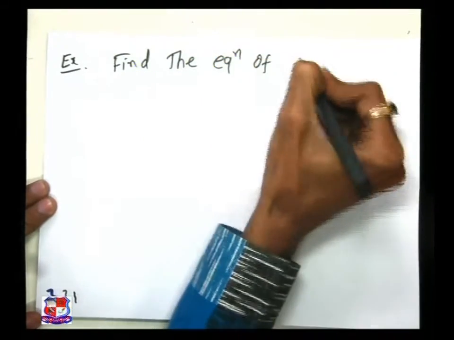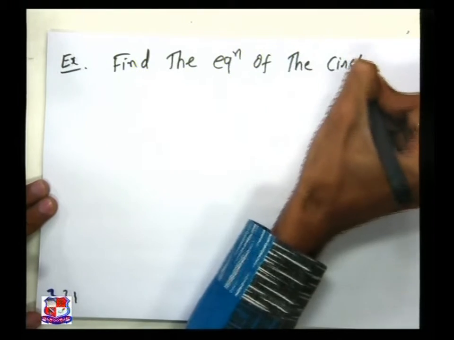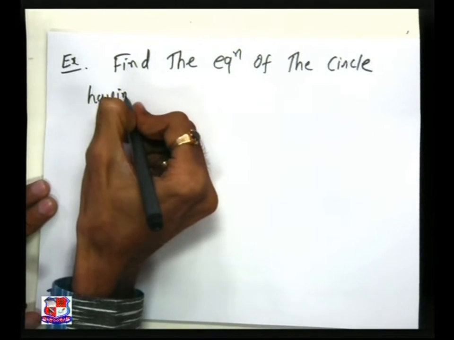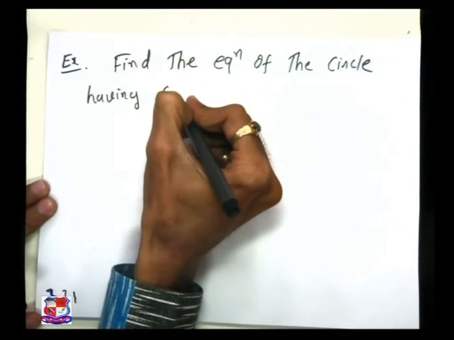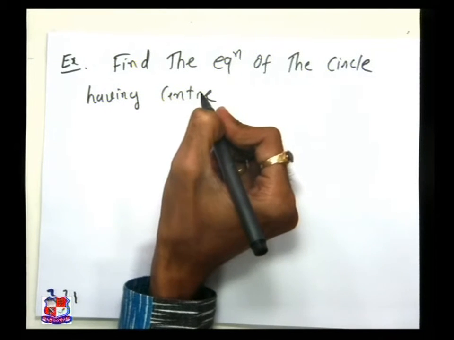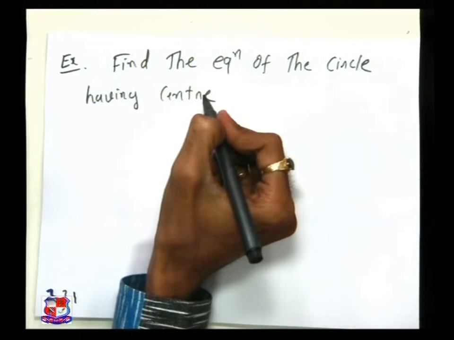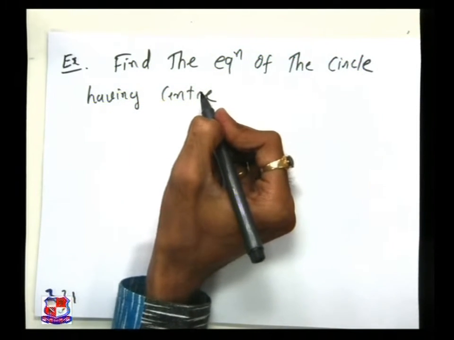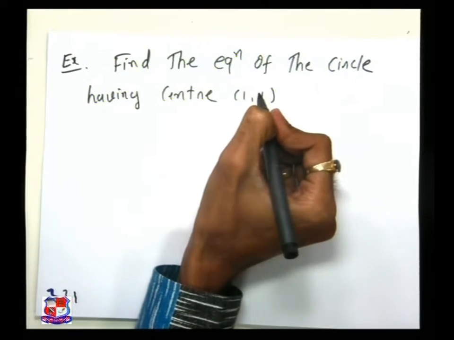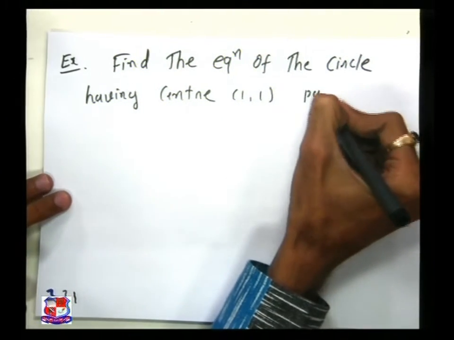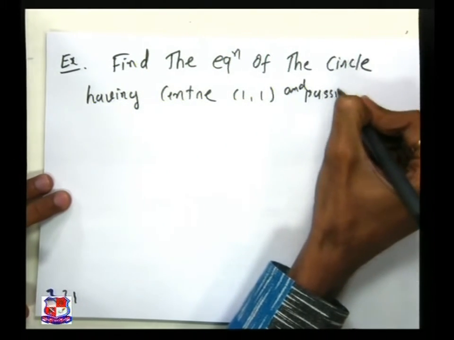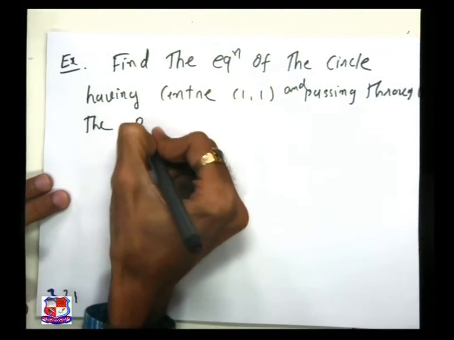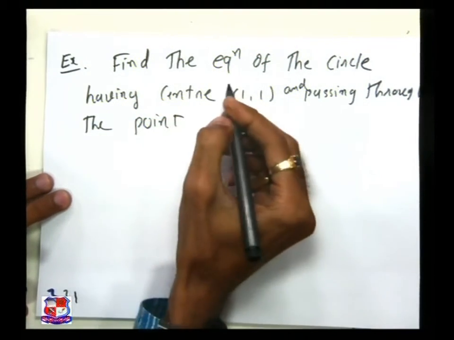Find the equation of the circle having center (1, 1) and passing through the point (-2, 4).